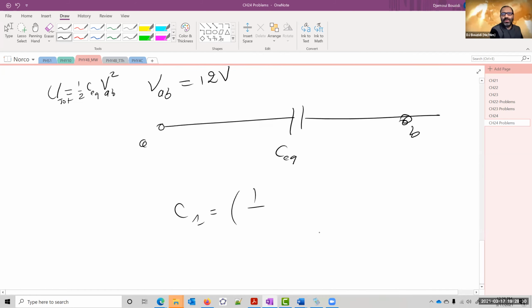So it's going to be 1 over 6.2 plus 1 over 11.8, and then to the -1.